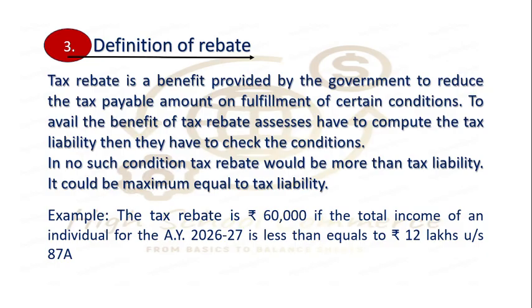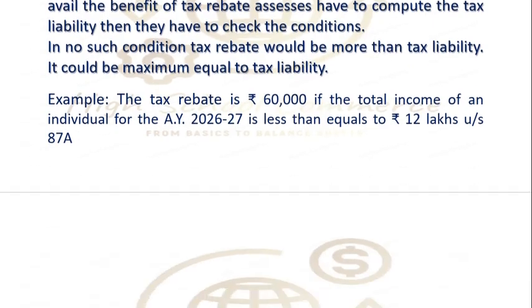It means an assessee whose total income is less than or equal to 12 lakhs can avail the rebate on income tax under section 87A. Now let's see how we need to present it in our exam copy.